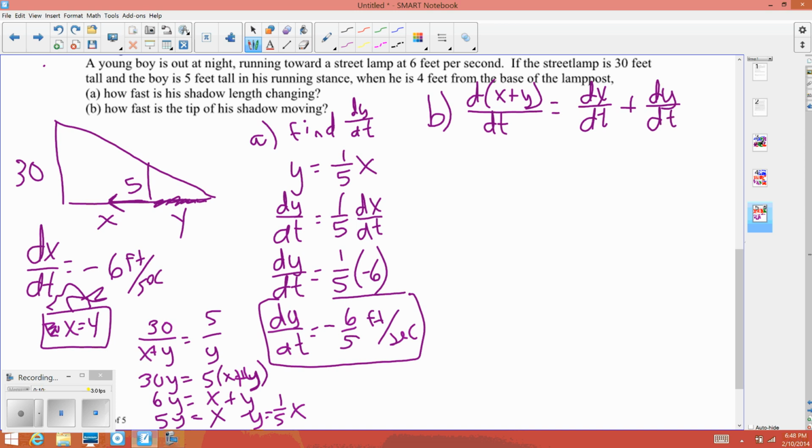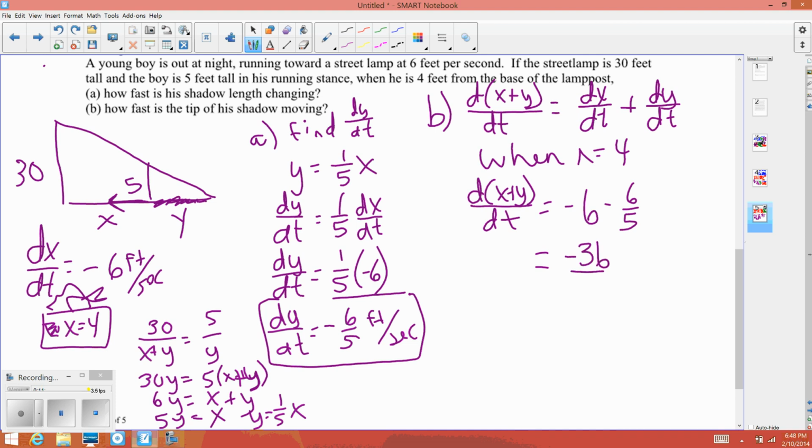It's just like the distributive property. All right, so at that specific moment, when x equals 4, the derivative of x plus y with respect to t would be equal to -6 minus 6/5, which would be -36/5 feet per second.